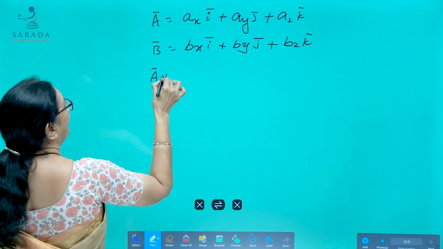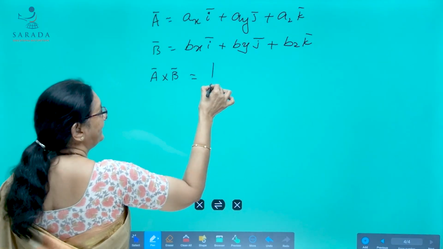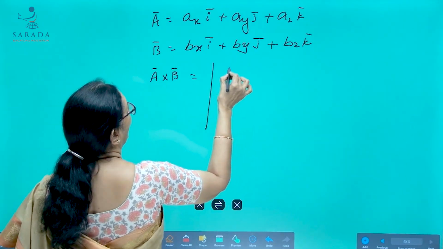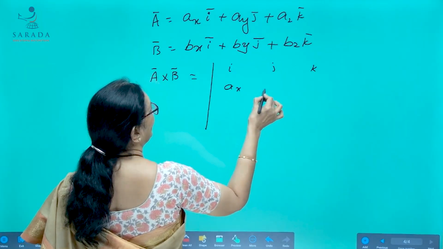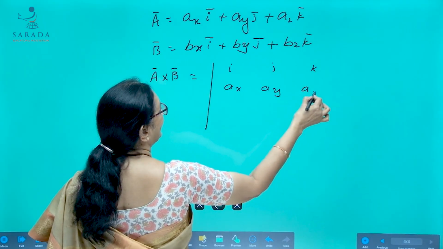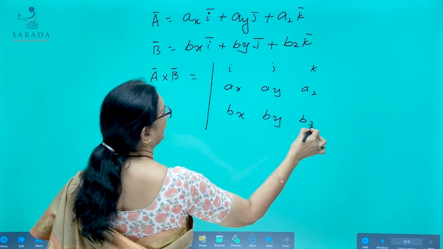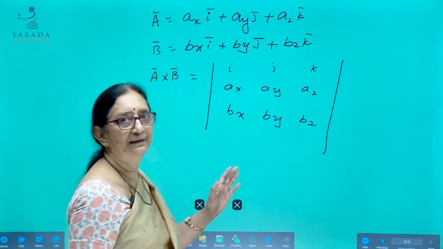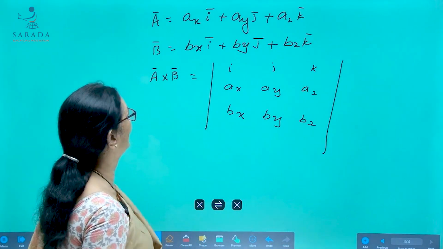Then A bar cross B bar is given by the determinant of I, J, K, AX, AY, AZ, BX, BY, BZ. You will be learning this in your mathematics determinant, and now also I will explain.